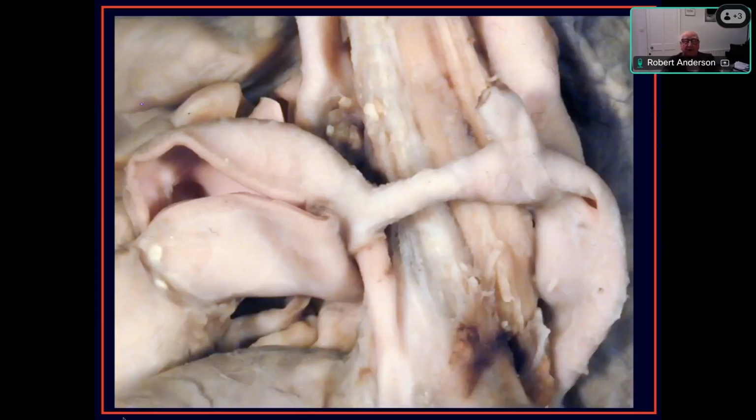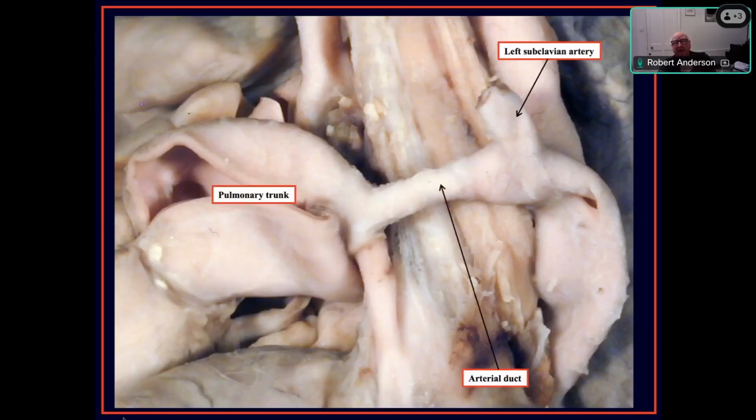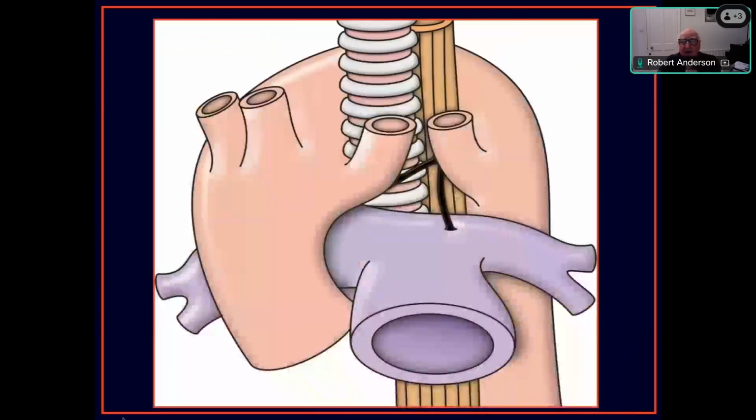So let's return to the picture I've shown you already: pulmonary trunk, arterial duct, left subclavian artery. What happens if the segment of arch between the left subclavian artery and the left common carotid artery persists but becomes fibrous? Then the ring encircling the tracheo-esophageal pedicle will become that much tighter.